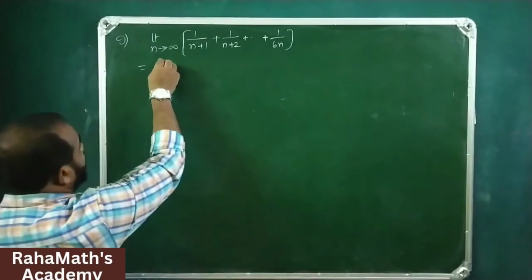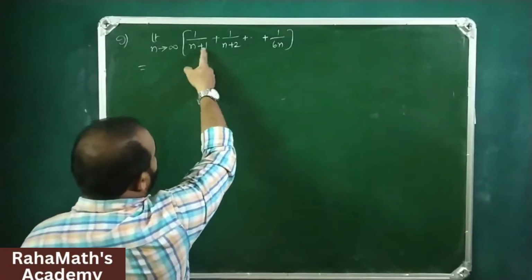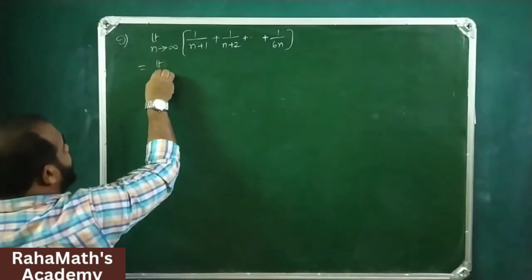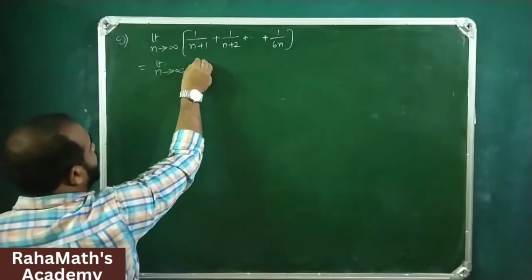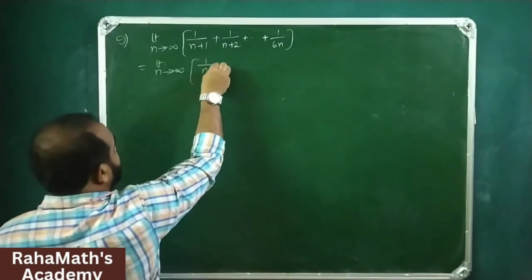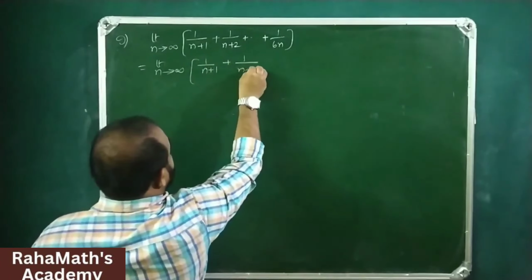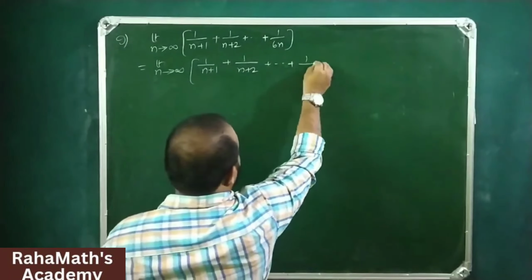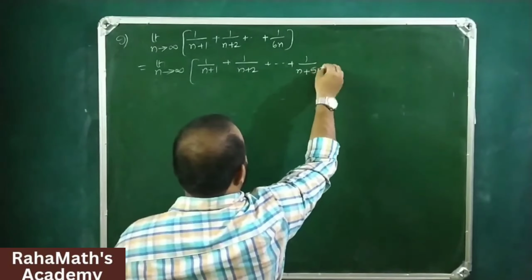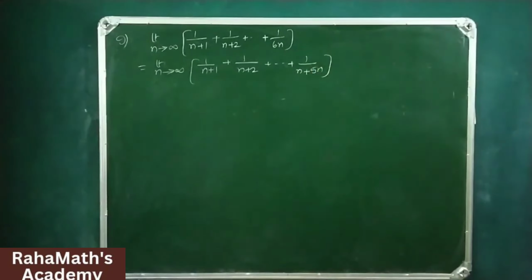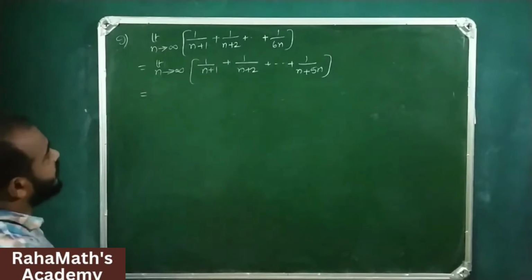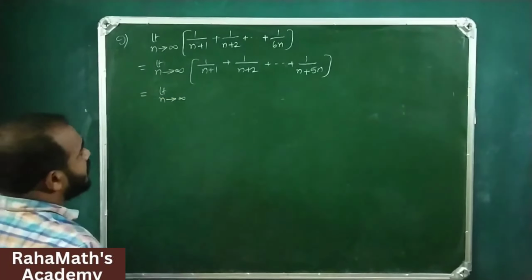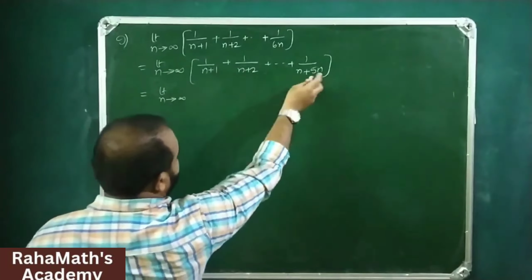So now limit n tends to infinity, 1 by n plus 1, plus 1 by n plus 2, etc. up to 1 by 6n. Let us write in a standard form: 1 by n plus 1, 1 by n plus 2, etc. plus 1 by 6n, can be written as 1 by n plus 5n. So this is equal to limit n tends to infinity, sigma. So this is the summation of the series.